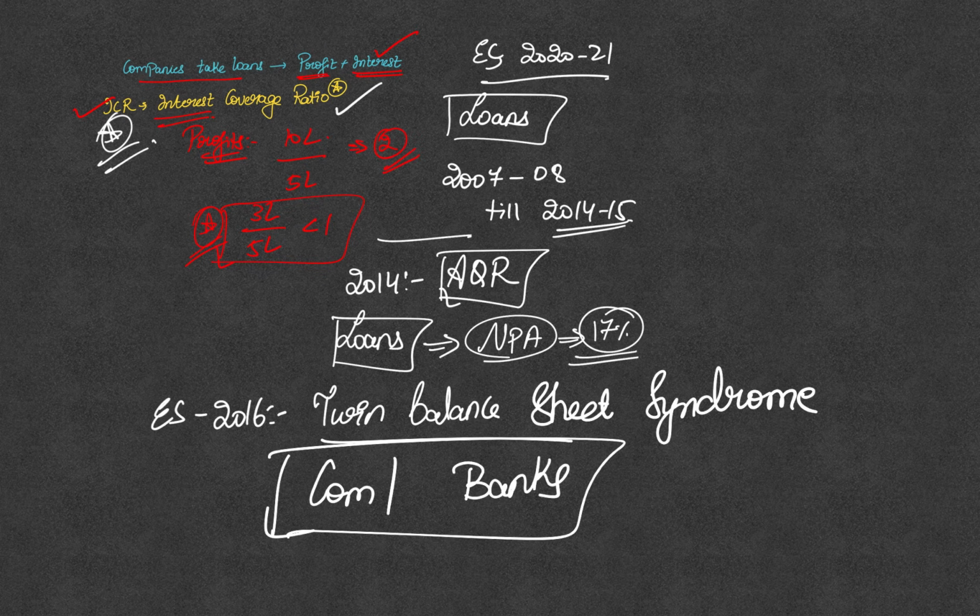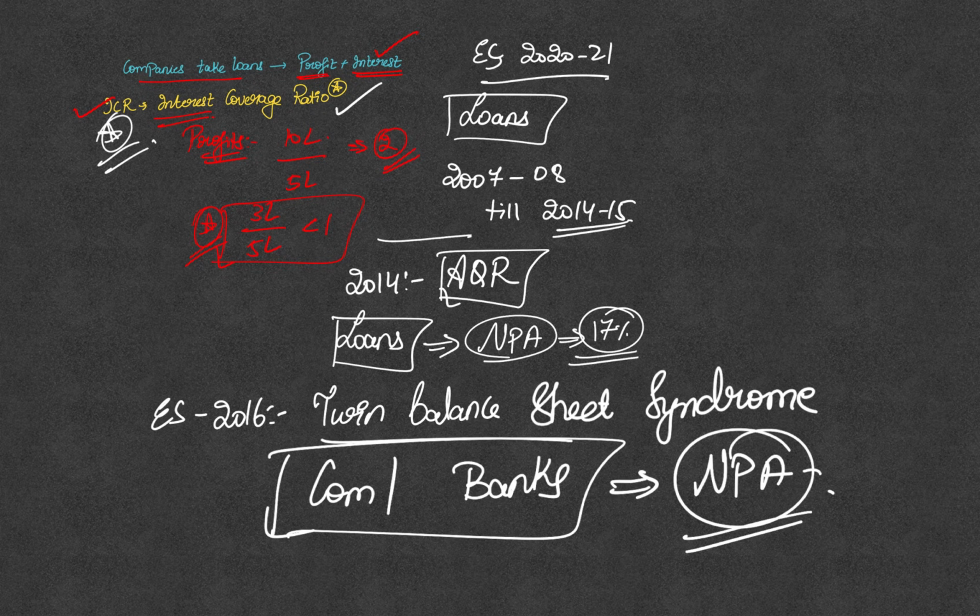So it is upon RBI, the government and all the stakeholders involved to get out of this cycle of non-performing assets and zombie lending. So this is the beginning point where the Indian economy, especially the banking system, saw a reversal in its asset quality review.